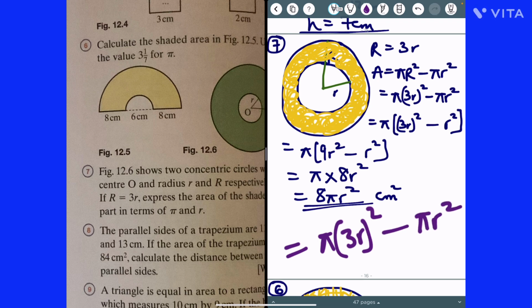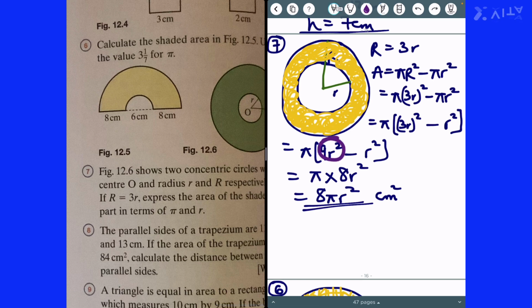Is that clear? Now, for this (3r) squared, you will notice that 3 will be squared. That gives me 3 times 3, 9. r will also be squared. That gives me r squared. So that's how I got pi 9r squared minus pi r squared.